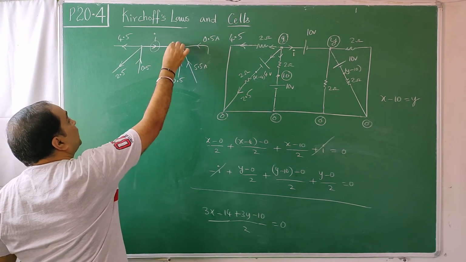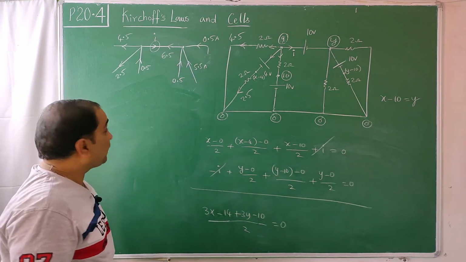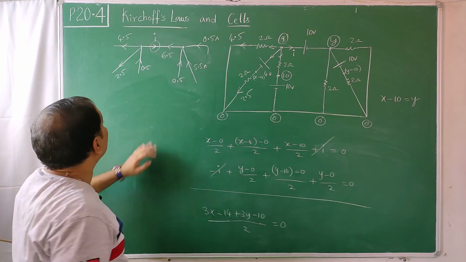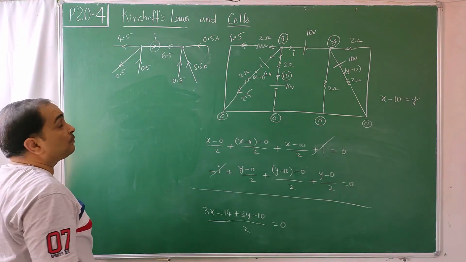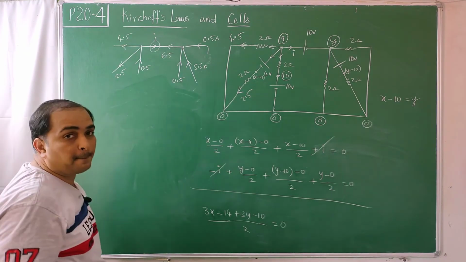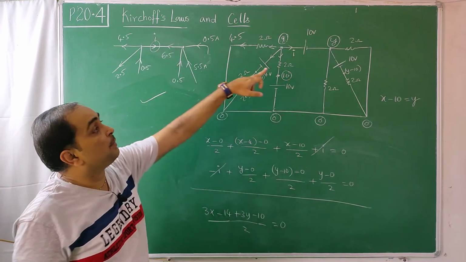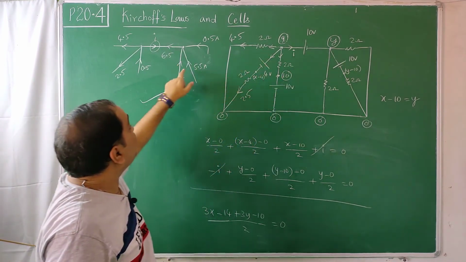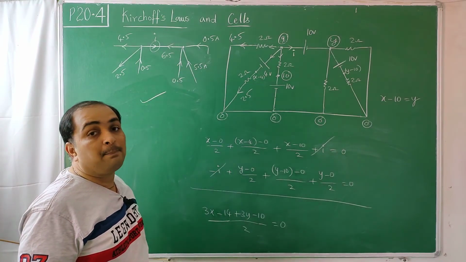So this current should be incoming. 6.5 should be incoming, and 6.5 should be outgoing. Let us check. For this 6.5, 0.5 gets added. It becomes 7. 7 gets split into 4.5 and 2.5. That's right. So this current will not go right side. In this battery, current will come left side, and that will be equal to the addition of all these things, and that comes out to be 6.5 amperes.